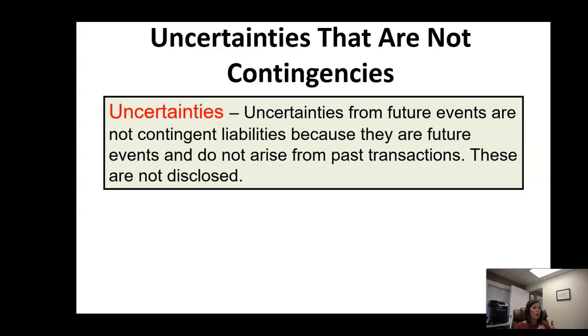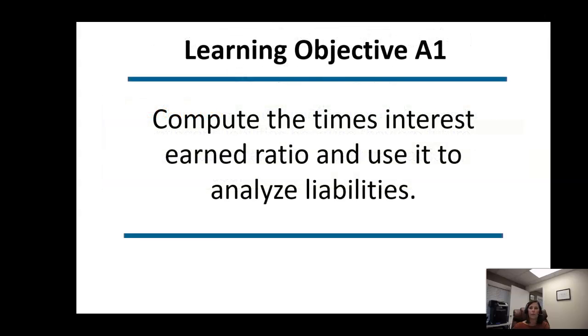So if our financial statement period closes December 31st and we have some sort of downturn in our operations, maybe a weather-related event or something like that, and we don't know what that might mean for us, or maybe there's an economic downturn in the market. If it's not related to a past transaction, we're not going to disclose that.